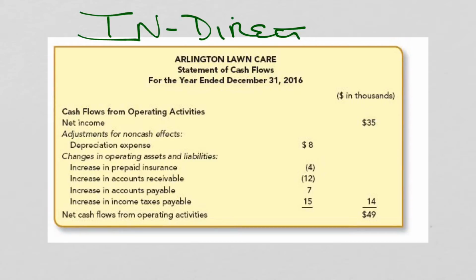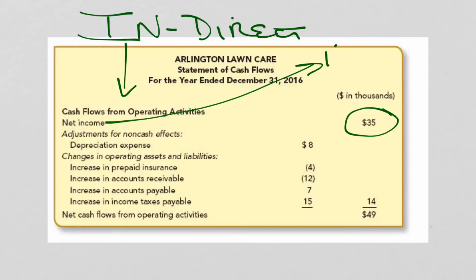In my particular experience, I see this method used more, but maybe the preference is the direct method. Nevertheless, the indirect method is what we did in class, where we start with net income from the income statement, on an accrual basis.